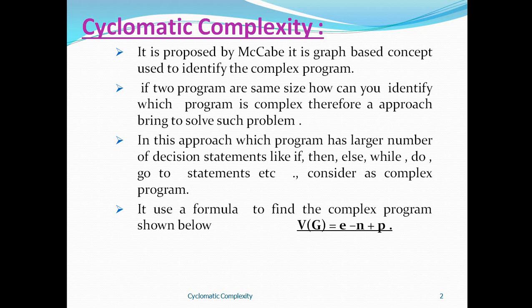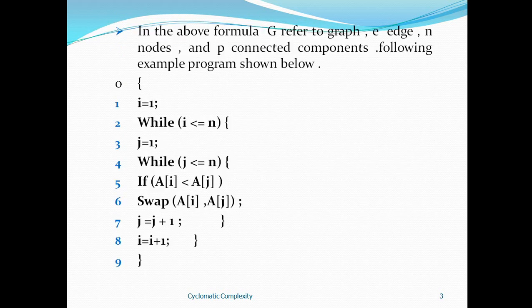The formula is V(G) = E - N + P, where G refers to the graph, E refers to the edges of the graph, N refers to the nodes, and P refers to the number of connected components.